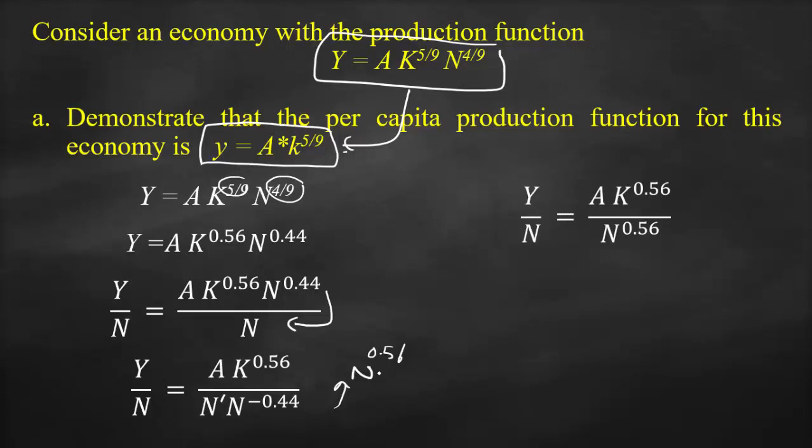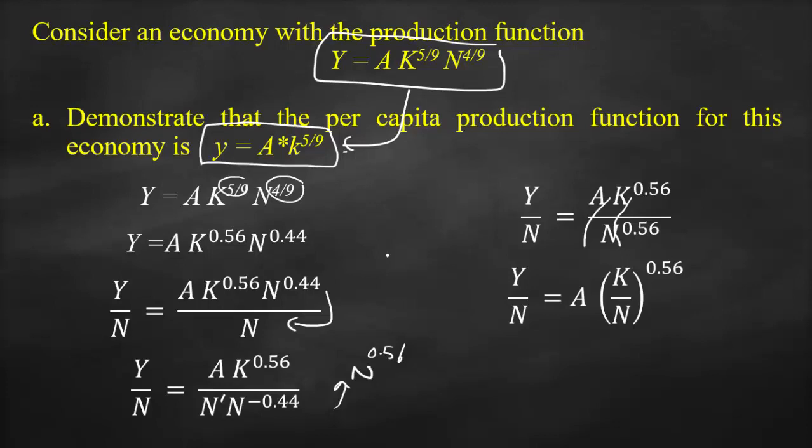So this means that Y over N equals A K to the power 0.56 divided by N to the power 0.56. Since I have the same power here, I will put K and N in one bracket, all of this to the power 0.56. So I will get Y over N equals A multiplied by K over N to the power 0.56.